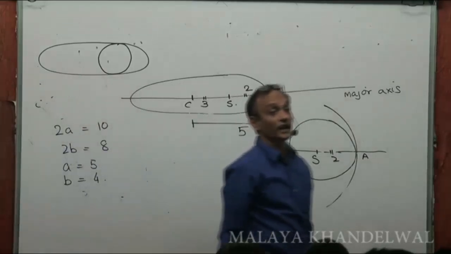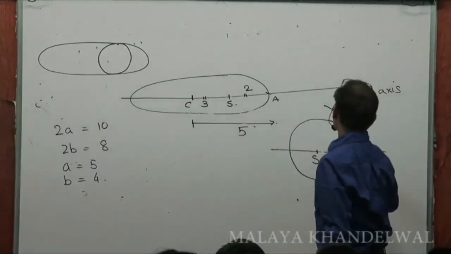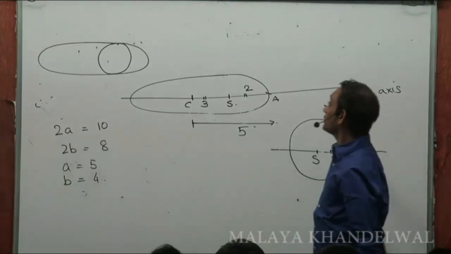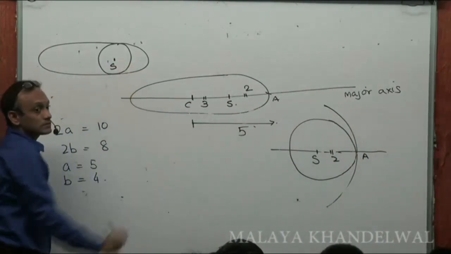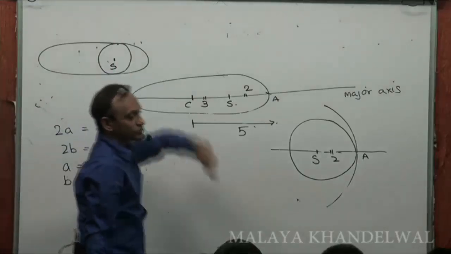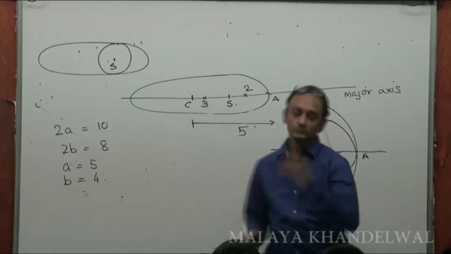Why did I force a circle this way? Why can't I draw a circle whose center is focus S and be like this? That's the question. Am I right?